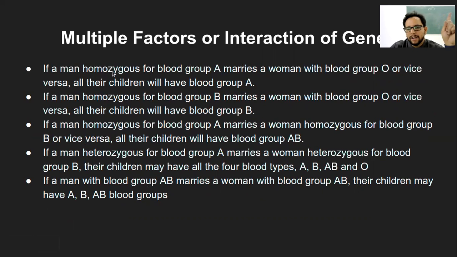What we are talking about is homozygous for blood group A. So IA IA marries a woman of blood group O, again homozygous, which means she is IO IO. If they marry, they will have children with blood group A only, because all the children will be heterozygous. They will be carrying IA from the father and IO from the mother.